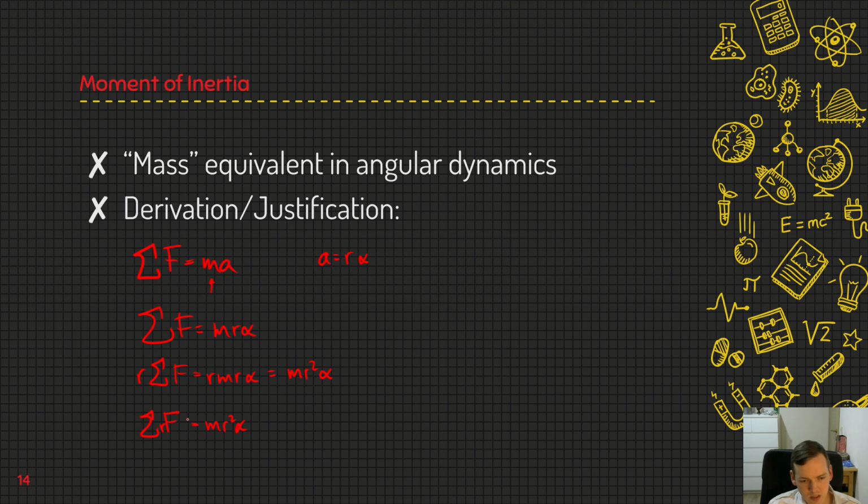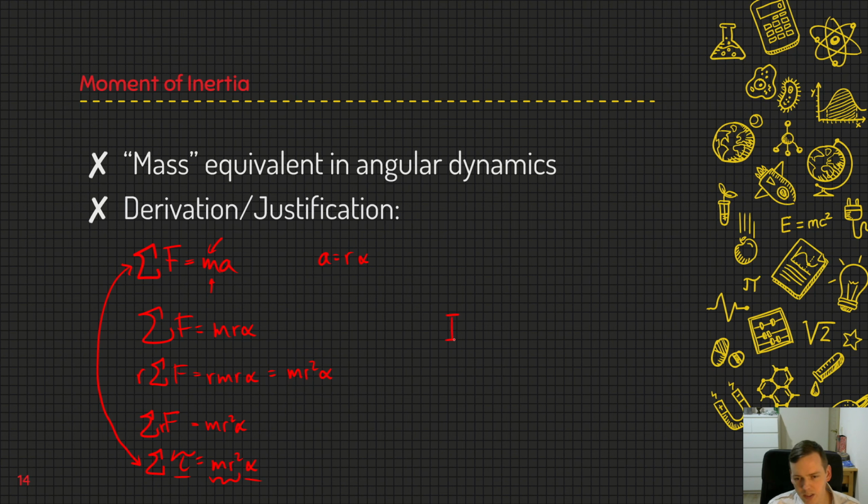And if you notice, this rF is just torque. So in other words, I have net torque is equal to m r squared alpha. And so we have something that looks very similar to F equals ma, but it's got torque and it's got alpha, and then it's got this funky thing here that's functionally like the mass from before.